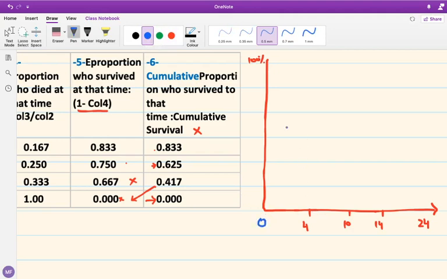Then at 4 months there is an event, and since there is an event, there is a drop. How much is the drop? The drop is about 83%.